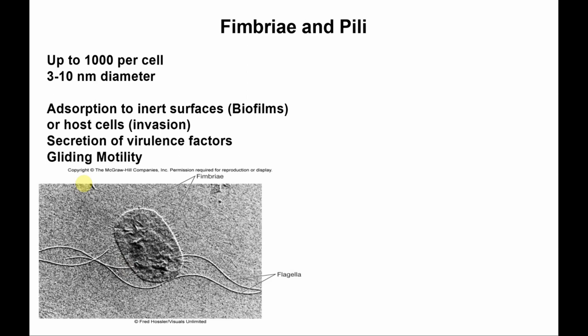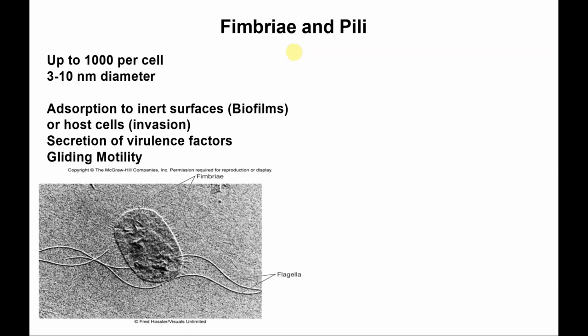Okay, so the other structures you get on the outside of bacteria are these filamentous structures. Now, first, we're going to talk about fimbriae and pili. These are two different words for exactly the same structure. We have these two different terms because basically two different microbiologists described these structures and published them pretty much the same time.